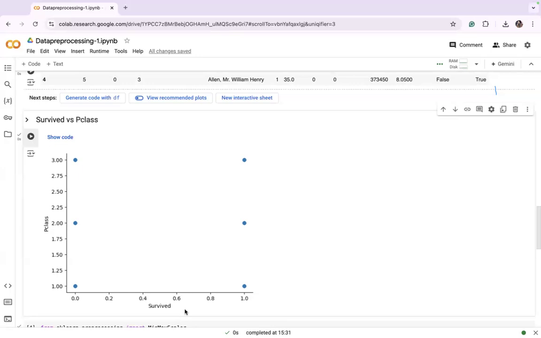In machine learning or data science, observation is very much important. In our research, we are going to rely on this type of graphs only. So what is happening here? Depicting the class-wise survived and dead passengers details.